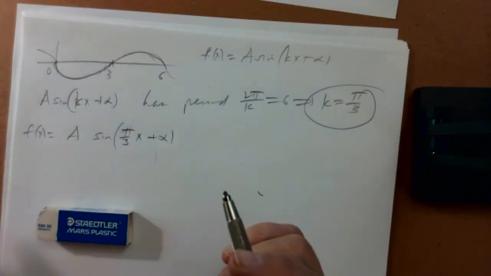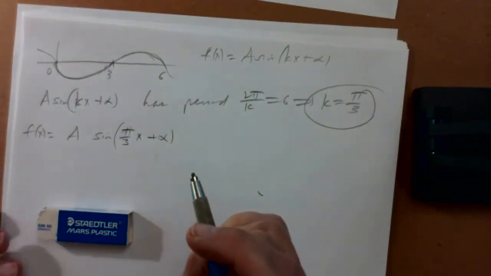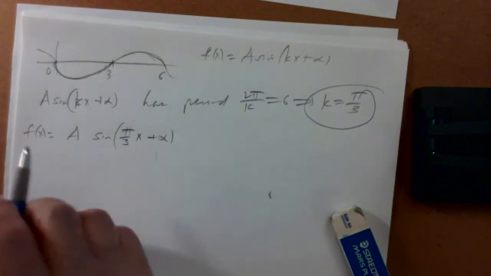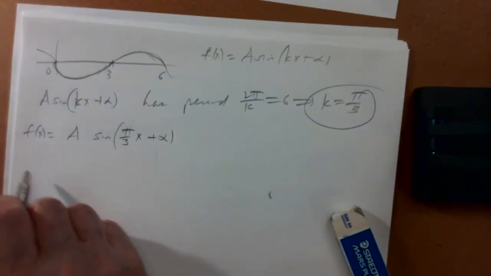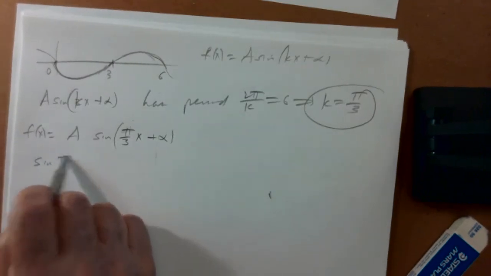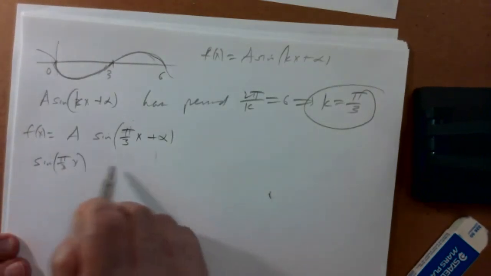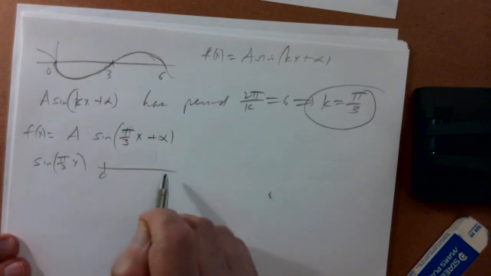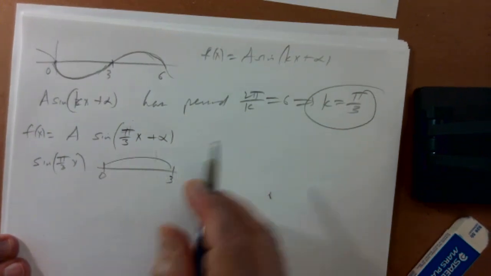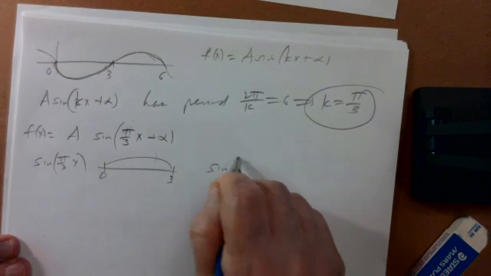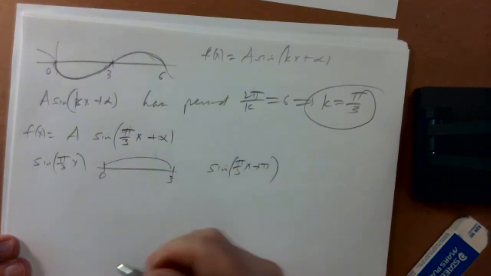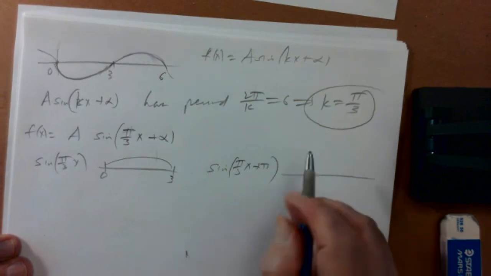And alpha is a multiple of pi. It's either 0 or pi. So if we look at the function sine of pi over 3 x, that's 0 at 0, it's 0 at 3, and in between is positive. If we look at the sine of pi over 3 x plus pi, what does the graph of that look like?